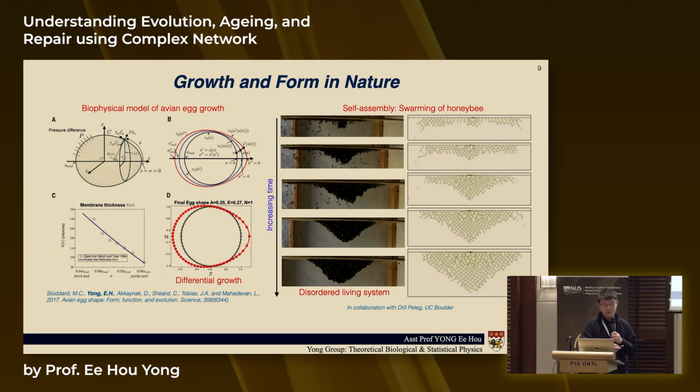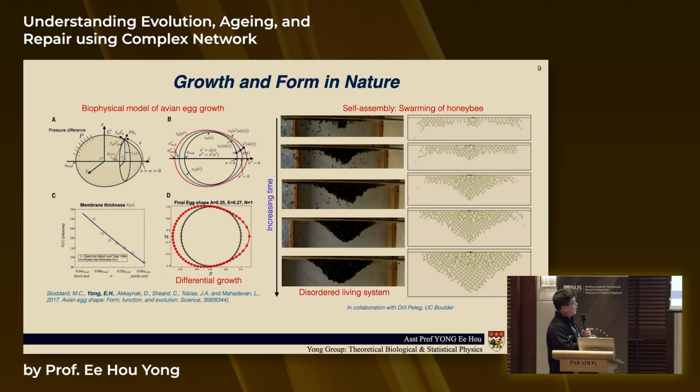More recently in my group, we have been thinking about how to describe self-assembly and swarming of honeybees. Here are some screenshots of honeybees swarming. This happens when a bee colony wants to reproduce. Basically, a queen bee will migrate and bring a lot of worker bees, and then they'll form something like this temporarily before they find a permanent site to live in.